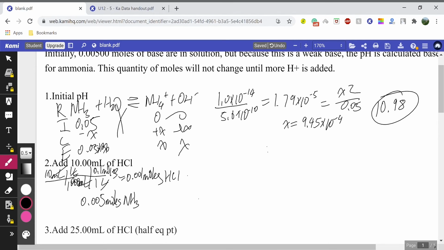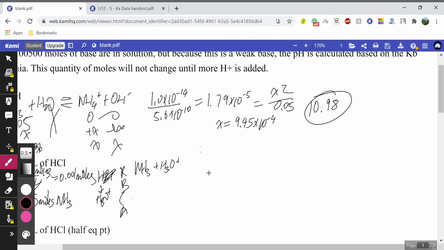Because HCl is a strong acid, Cl minus itself is going to be a weak conjugate base, so we can ignore that. That's going to be a spectator. And now our new RICE chart will be simply NH3 plus H3O plus, because H plus is also H3O plus.